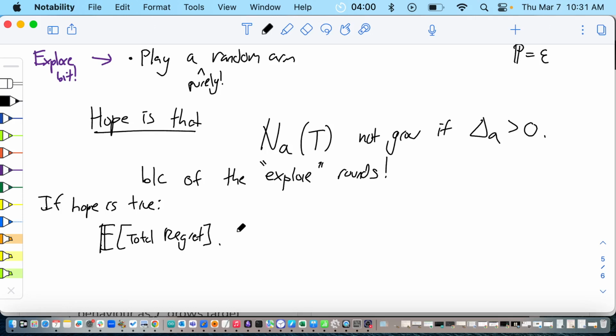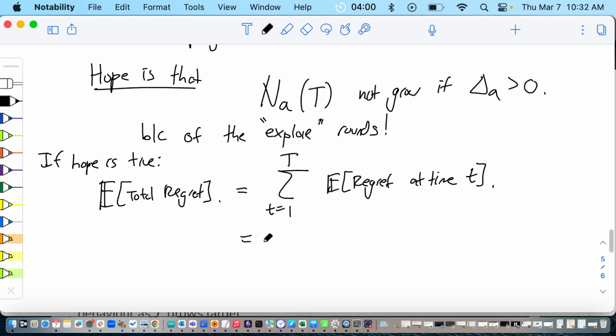So we're going to get the sum from t equals 1 to T of the expected value of the regret at time t. And this is all kind of heuristic right now. And the regret at time t, when t is very large, we're going to hope that it is close to 0.